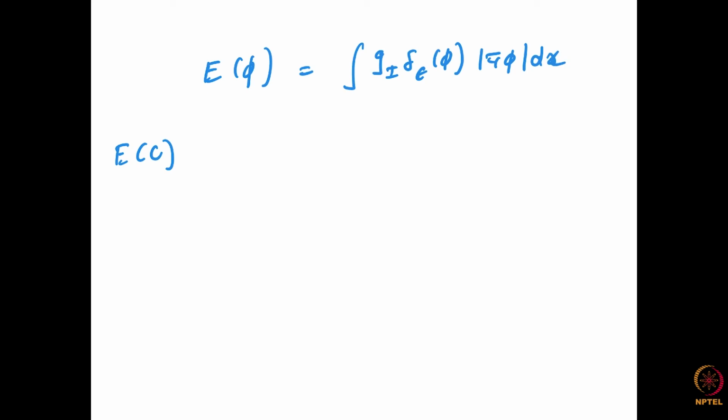Here the delta function is some continuous, differentiable approximation of the delta function. This is called the smoothed Dirac delta function, and del is the gradient operator.